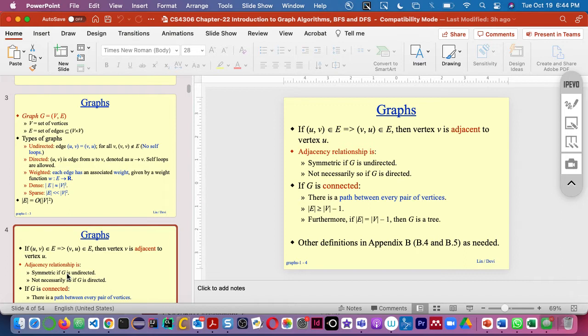Two vertices are said to be adjacent if there is a connection between them. If there is no connection, they are not adjacent, no matter how far or close they are.